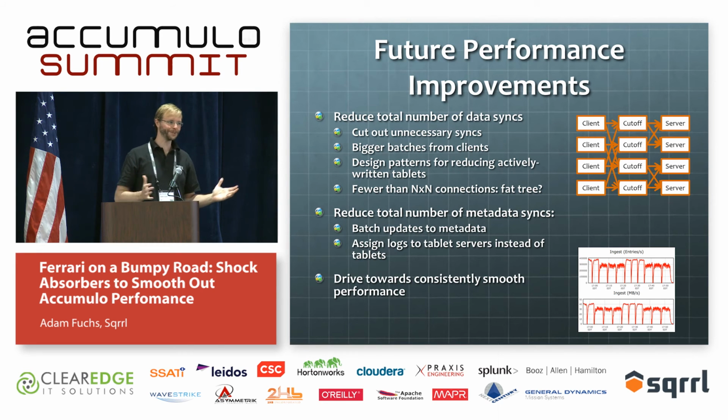There are other crazy things that we might do in the far future when we're scaling up to tens of thousands of servers. Things like doing a fat tree topology for our ingest. Right, so on the right here, you can see that clients are writing to servers, but instead of writing directly, they're going through intermediate nodes, and those nodes are going to be rebatching. This is a technique that's used in a lot of low-level networks in supercomputing, and has been employed there for decades.